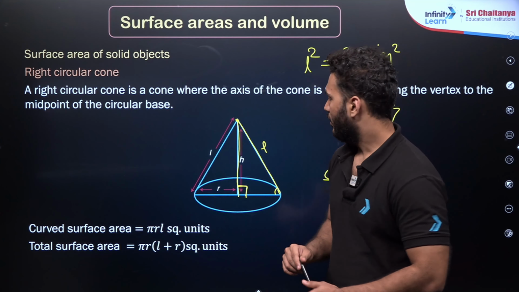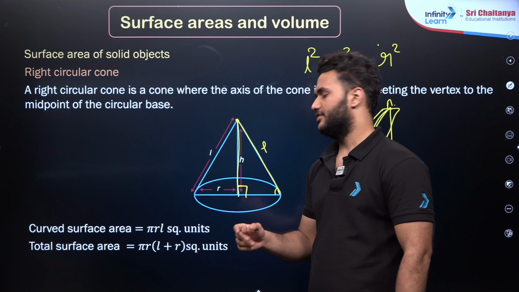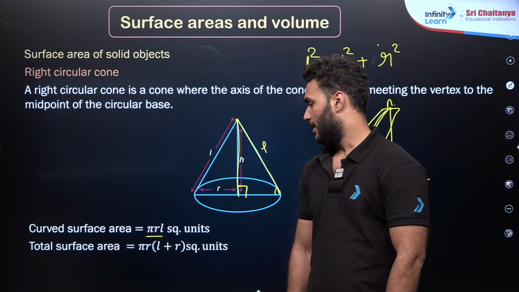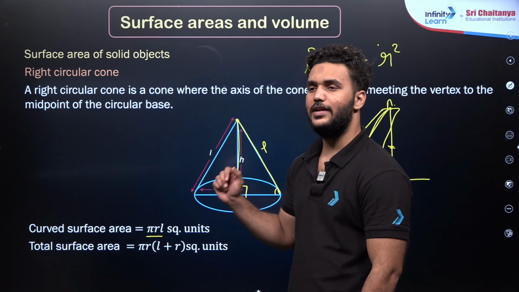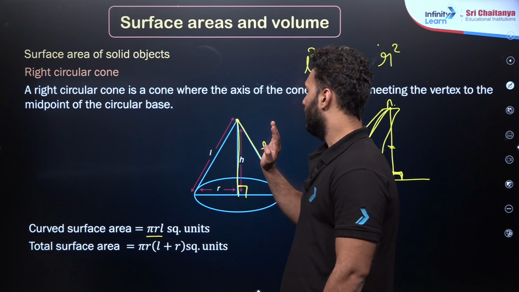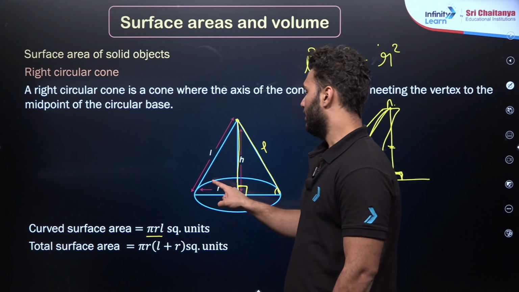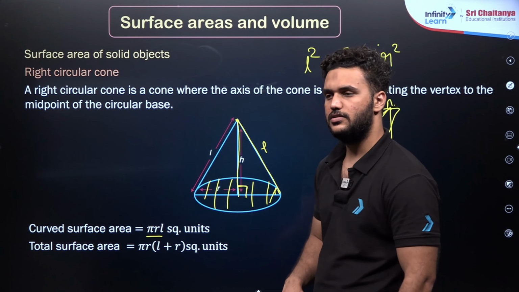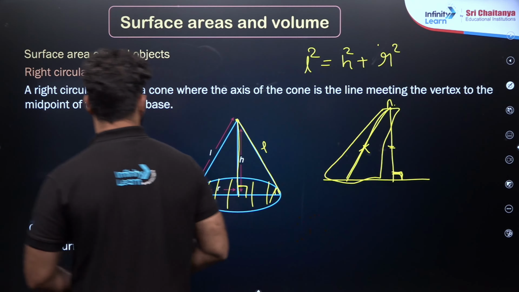So what is the curved surface area of this? Curved surface area of this is pi r l. And what is the total area? How to find the total area? Curved area is pi r l. Now we have to find the area of this part. This is nothing but a circle. What is the area of a circle? Pi r square.